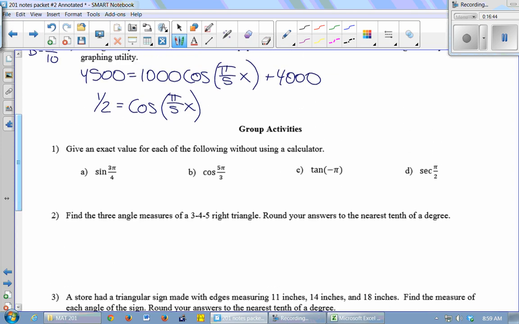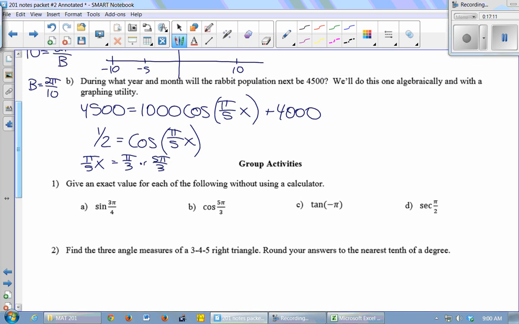So that means that this angle, pi over 5x, is equal to pi over 3 or 5 pi over 3, or infinitely many other angles, because I could just keep going around the circle and saying, oh, I hit a half, I hit a half, I hit a half. But I'll just use these two because it just asked for when will it next be 4,500. So just the one next time.